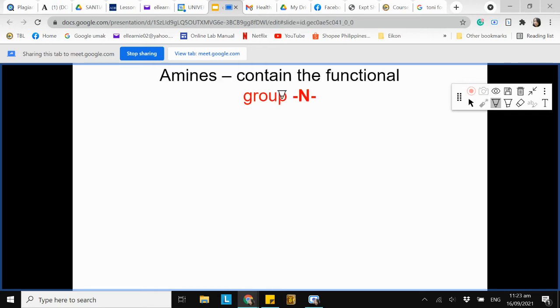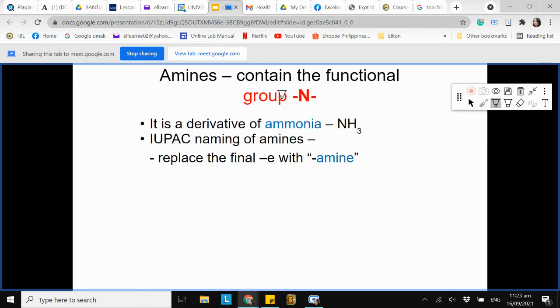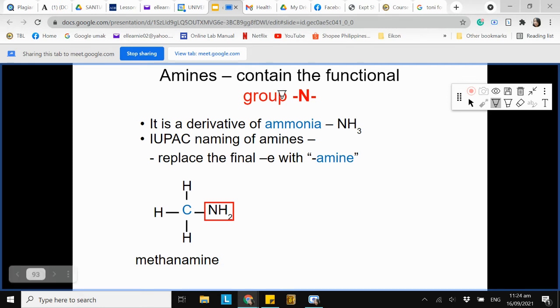Okay? Now, another functional group is amines. Amines are derived from ammonia, where you remove one hydrogen, so you can have NH2. So you have here one carbon, then the amine group. So the name will be methanamine.